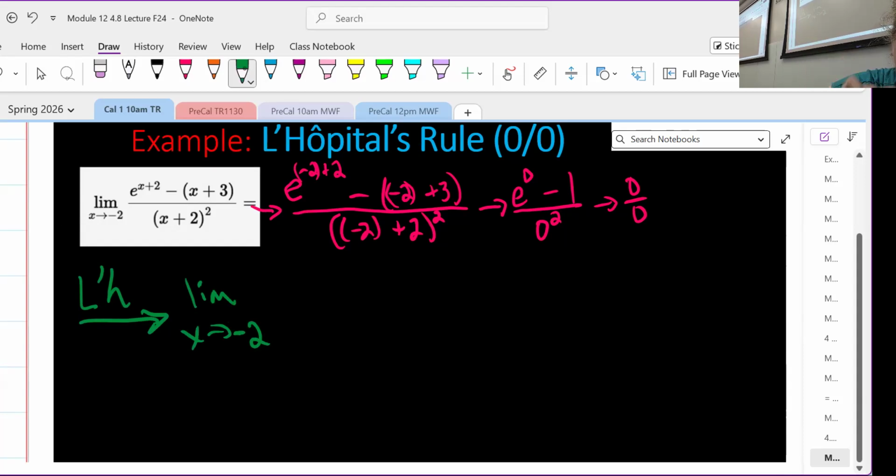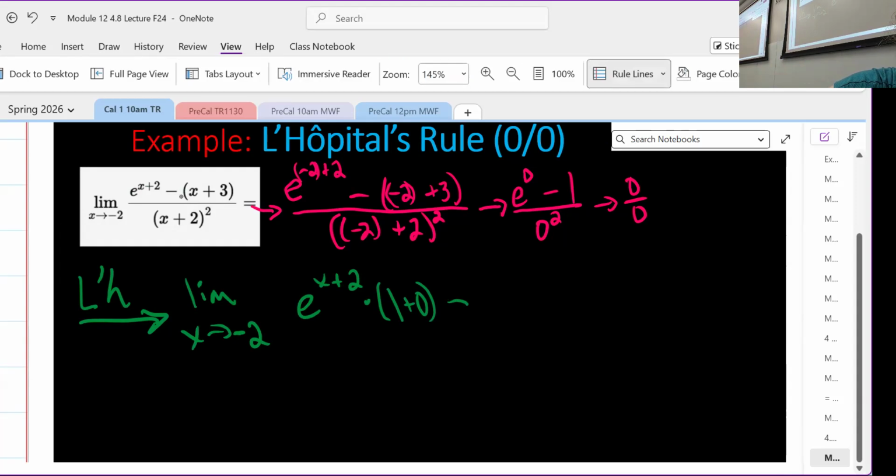So derivative of the top on its own, the derivative of e to the x plus 2 is e to the x plus 2, lazy derivative, times the derivative of x plus 2, which would be 1 plus 0. All right, then the derivative of x plus 3, derivative of x is 1, plus derivative of 3 is 0.